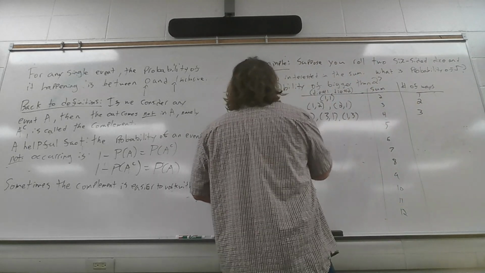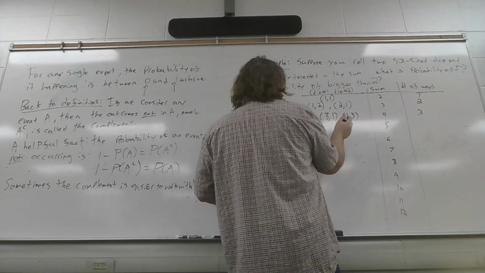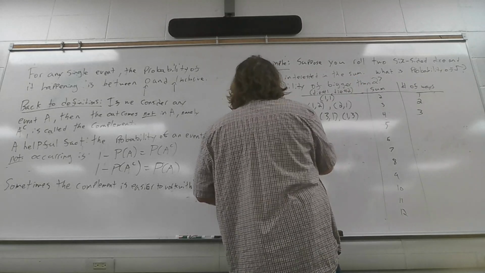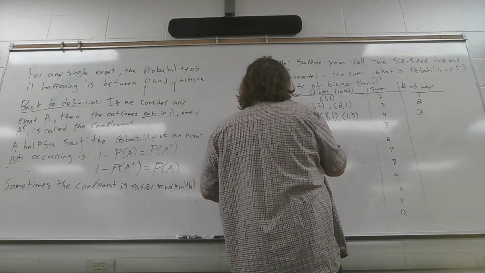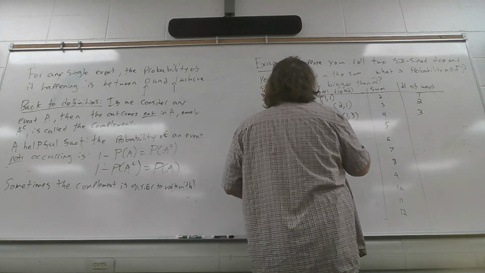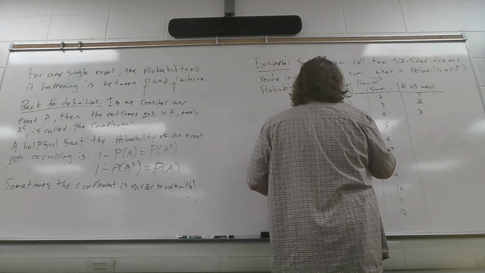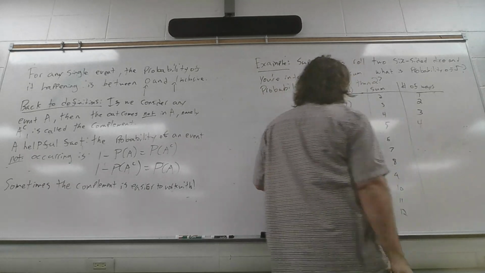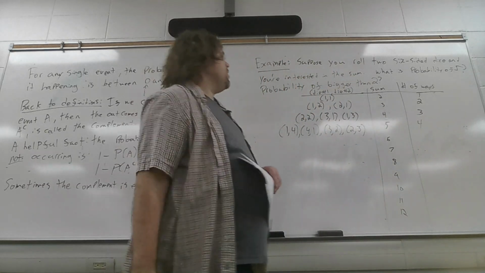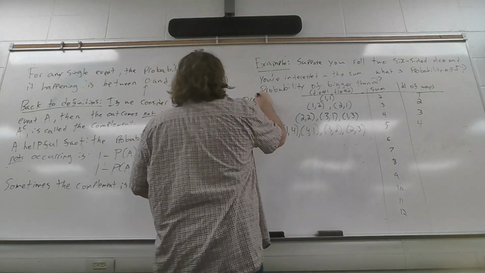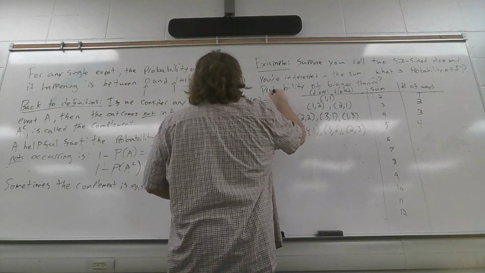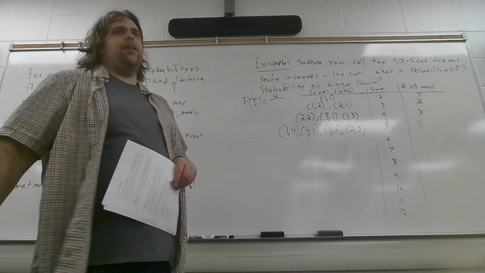And you just keep going on in this table, right? So 5, well, that's one of the ones we're interested in. It could be 1 4, 4 1, 3 2, or 2 3, and that's 4, right? So we can already answer one of our questions. The probability of 5 is 4 over, we need to figure out how many there are.